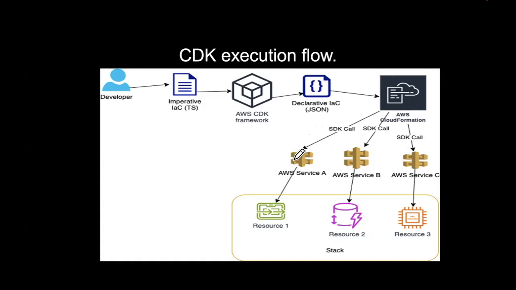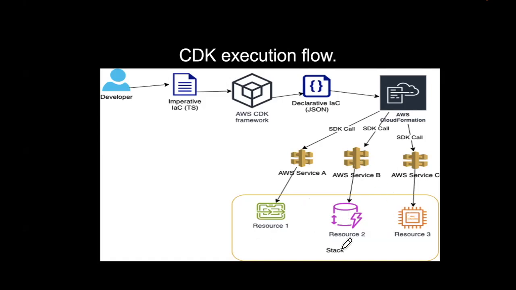And the service then, in response to the requests that are made by CloudFormation, creates the particular piece of infrastructure that it has been asked to create. And whatever these are, this looks like it's a database, so maybe this is the DynamoDB service.